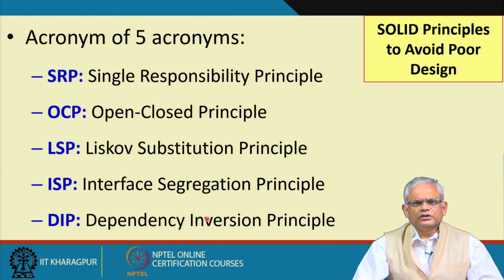These are 5 good principles, each very important to reduce the complexity in the design and reduce the bad things in the design, and we will see that the design patterns we discuss are compliant to all these principles.